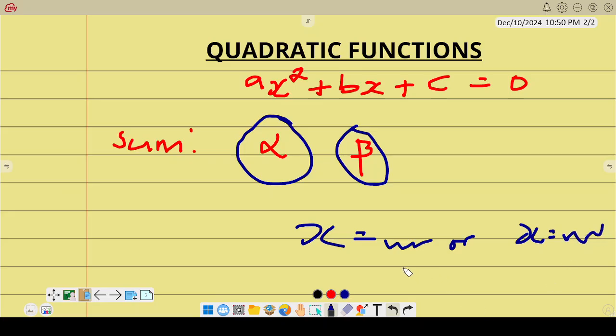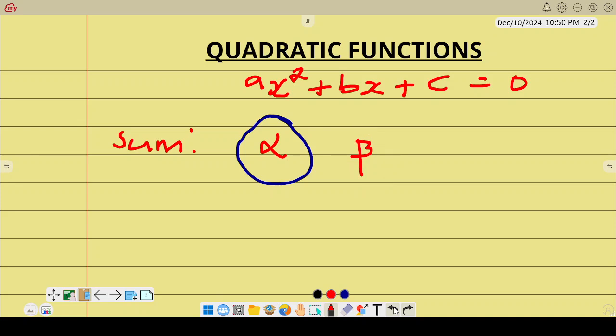One is alpha, the other one is beta. Those values you find are alpha and beta. Okay, another foundation has been laid.